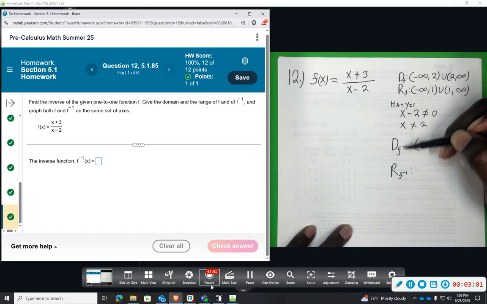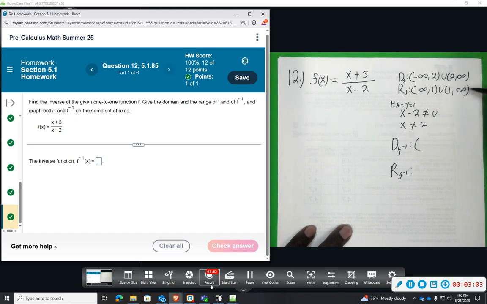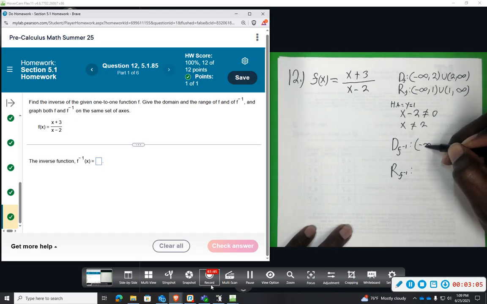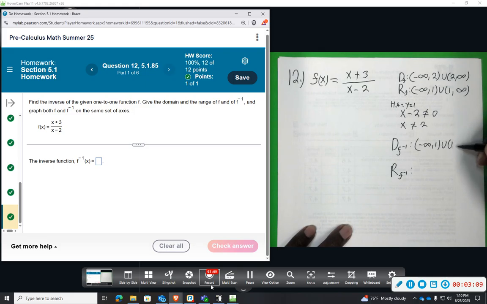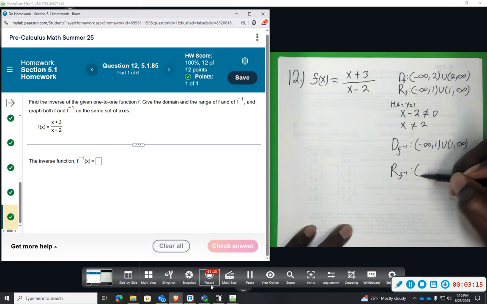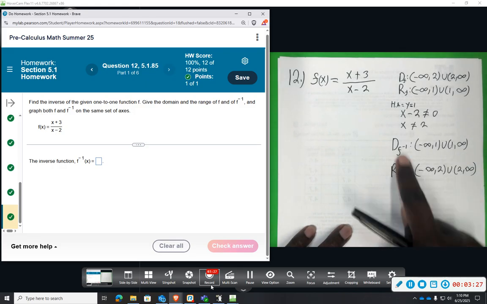So this domain is the range of this function: negative infinity to 1 and 1 to infinity. And then the range is what was the domain, so this will be negative infinity to 2 union 2 to infinity.